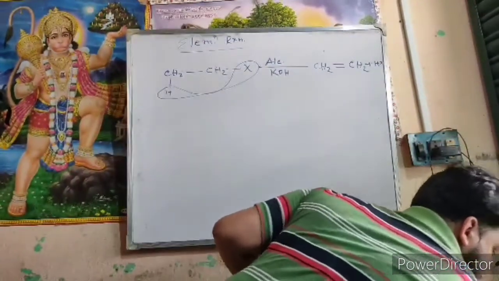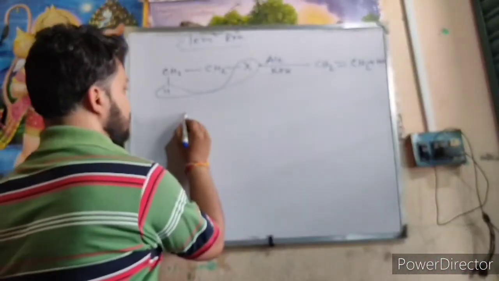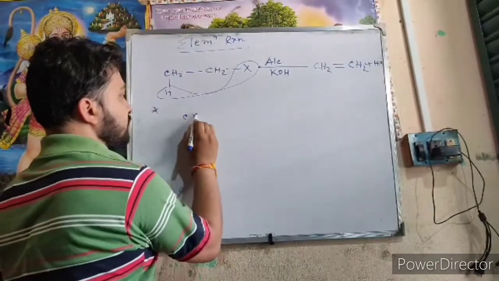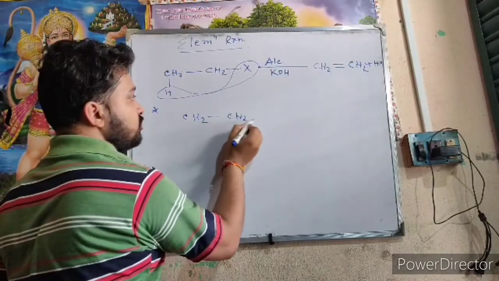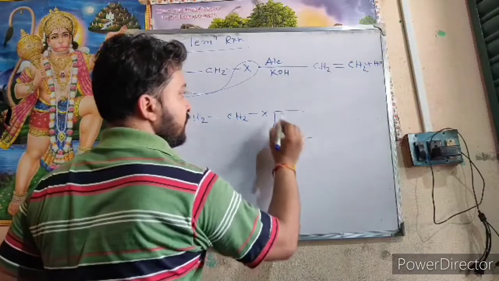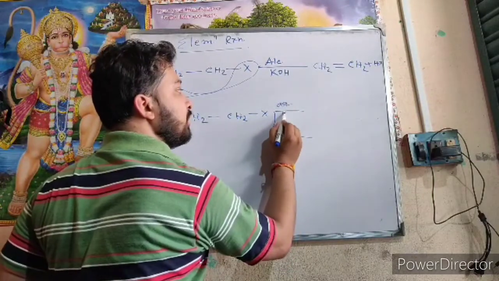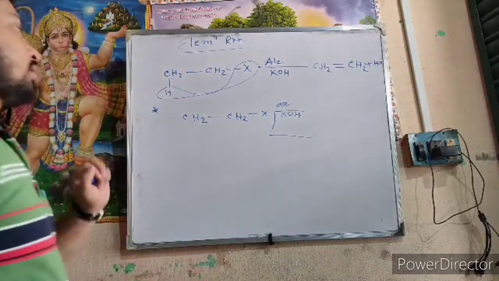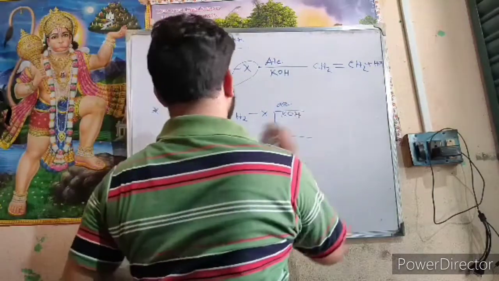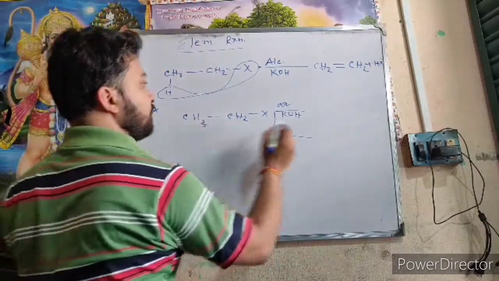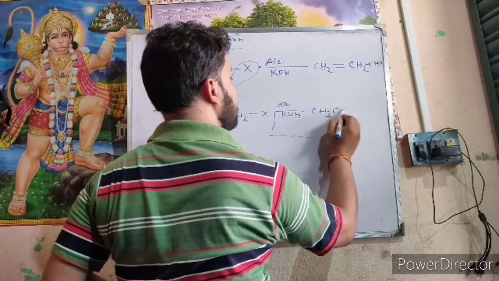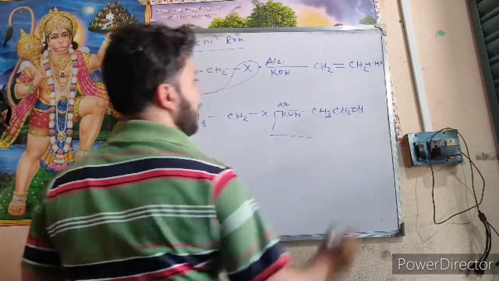Important, just very important. CH3CH2X: if you use aqueous KOH, you form a substitution reaction, CH3CH2OH.